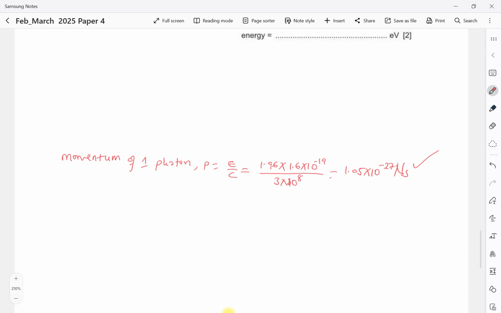Then for particles absorbed, we can find the force exactly. Remember, force equals the change in momentum over time.